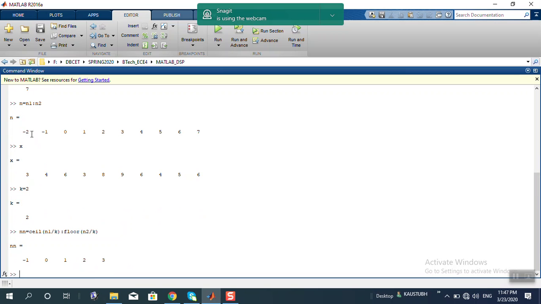So what will be the values? This 3, as I said, the value will be 3. Then this 4 will be rejected, and it will be 6. Then this 3 will be rejected, then it will be 8. Then 9 will be rejected, then it will be 6.